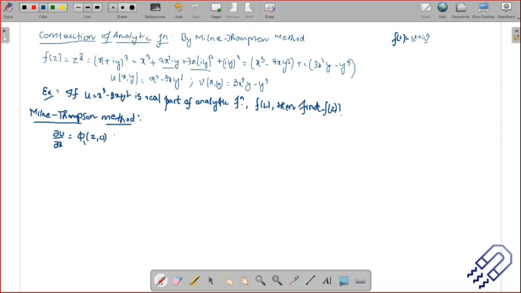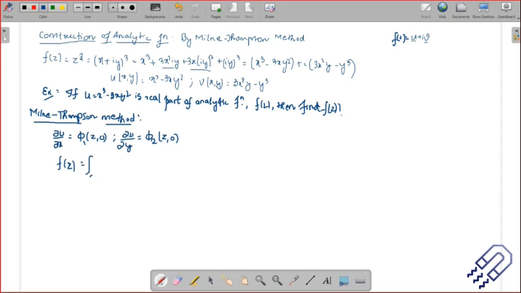Then I can take del u del y, and here I can take another function phi 2, and here also I'll put the coordinate of x as z and the coordinate of y as 0. This is the method, and if we just use this we can find out the function. So this is the first problem, so I'll try to solve it.